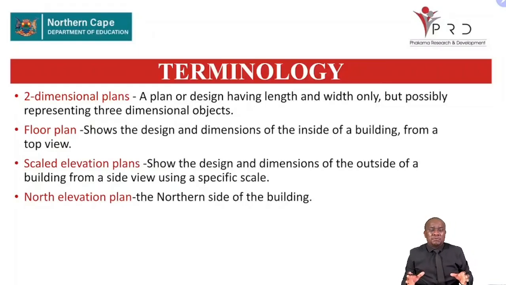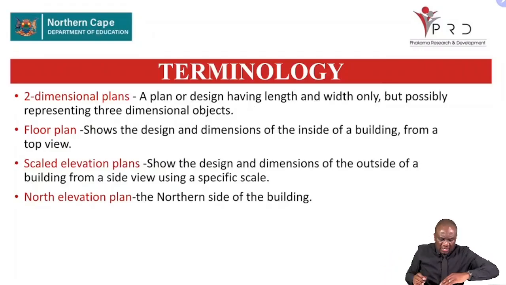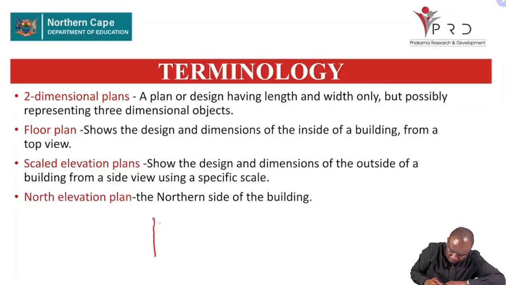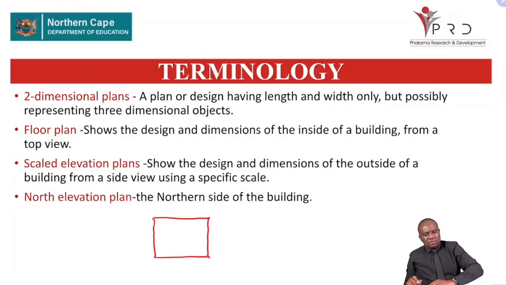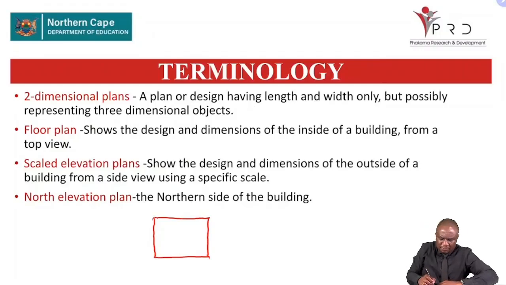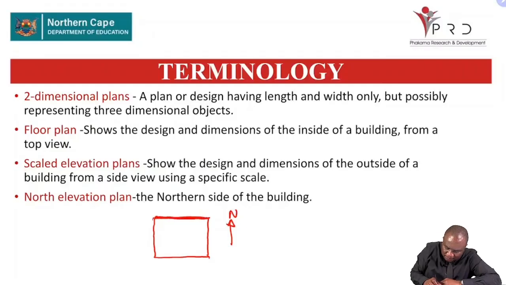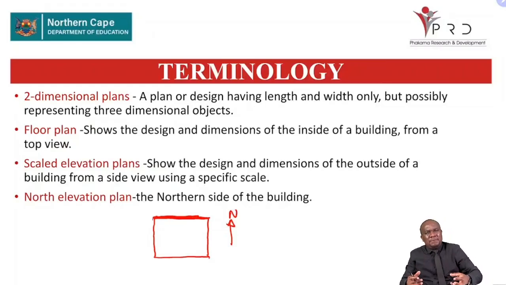The explanation I'm going to do here applies to all the elevations, like south, east, west. But let's say this is the building. So where is the north elevation of the building? Let's say the campus is like this. This is the side where we have the north elevation. Okay, it is on the northern side of the building.